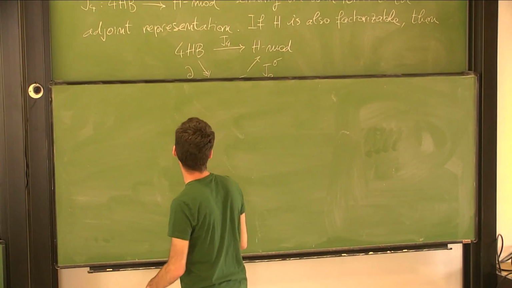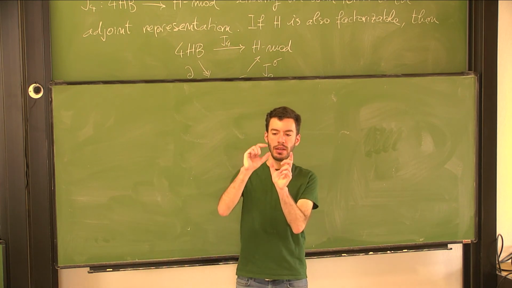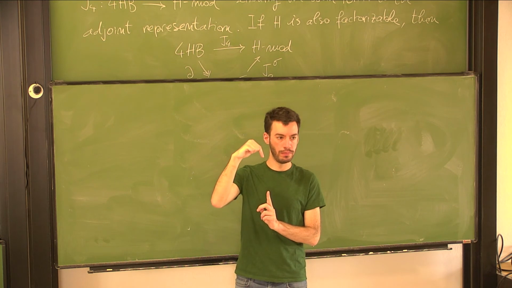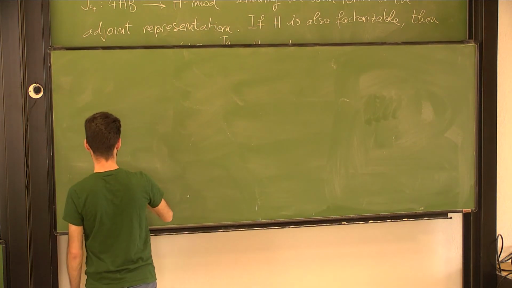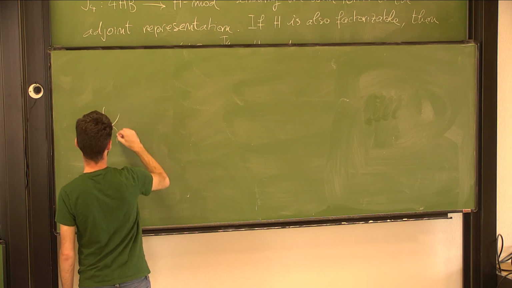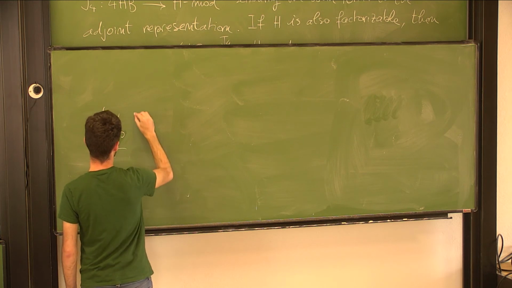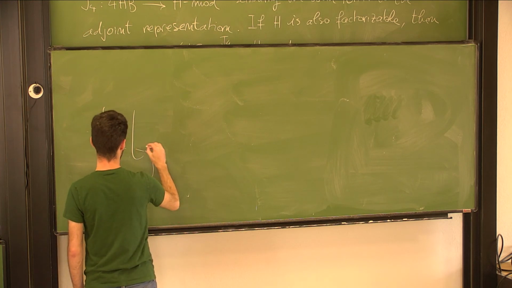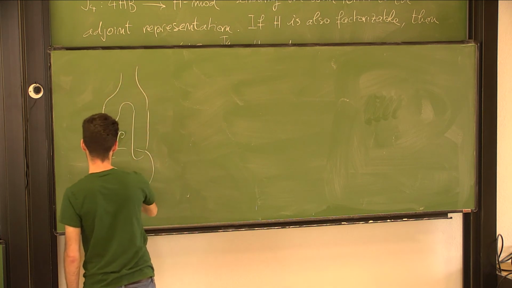So just recall that the antipode axiom tells you that if you do the coproduct, then the antipode on one leg, then the product, you should get counit and then unit. So let me start. We start from this.